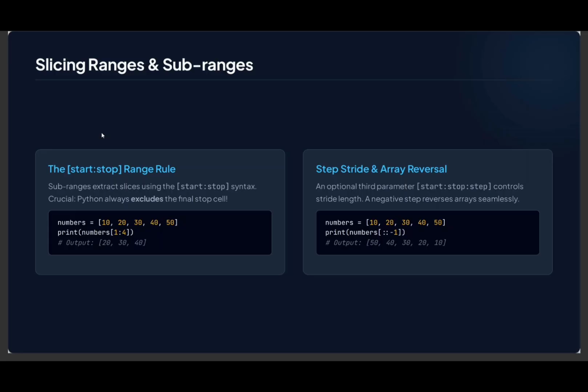You have to make square brackets with start, colon, stop. Python includes the starting index but excludes the stopping index, as I told you earlier in the last video on strings. Let me explain with an example.